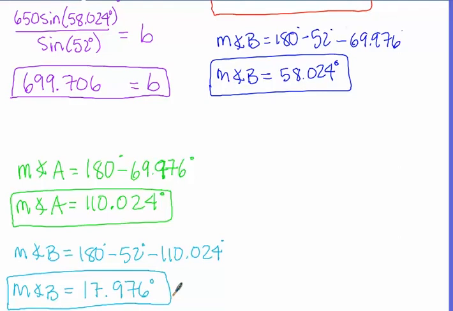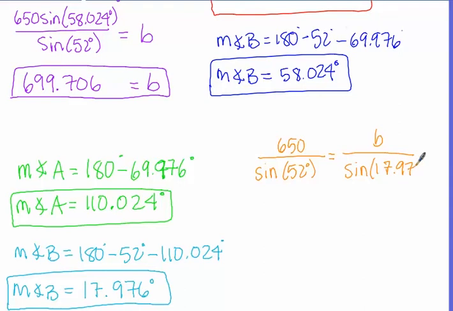So let's go back to the law of sines. We were originally told side C and angle C. We're trying to find our new side B given our new angle B. So if we solve this, we get 650 sine of angle B over sine of 52.